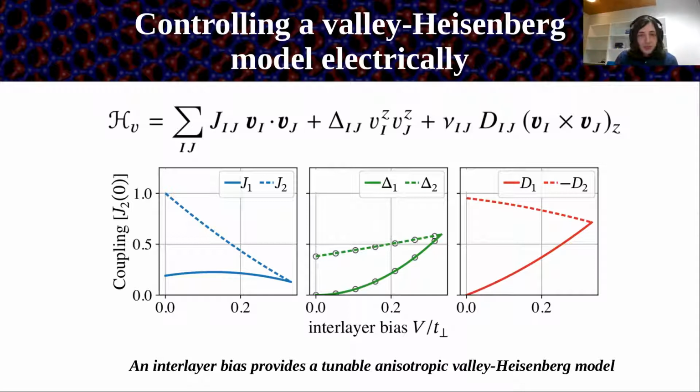And let me emphasize that, of course, we don't know exactly at which point in the complex phase diagram of this Heisenberg model we get a valley spin liquid. But since we can technically tune the parameters with the electric bias, in principle, the part of the phase diagram that would show the quantum spin liquid regime would be accessible once we know which one it is.